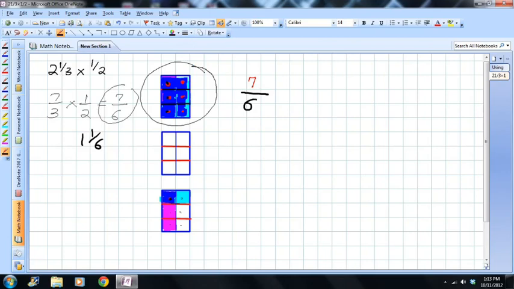And if I look at this last rectangle, I only have one part that's still overlapping, one part that still has 2 colors in that particular section. I have 1 out of 6. So that's 1 and 1/6.